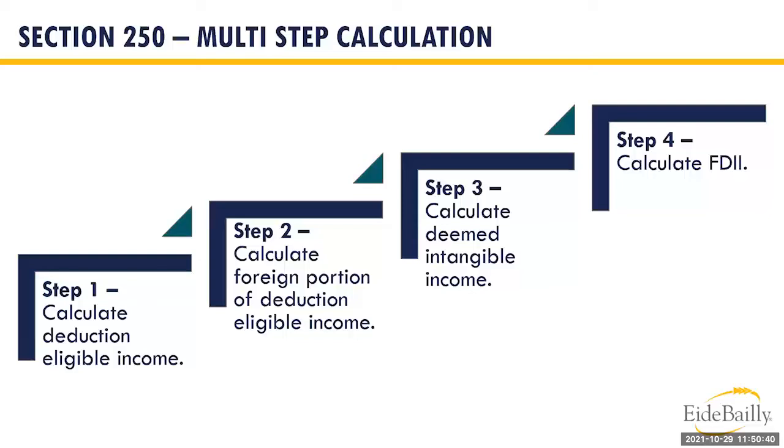You calculate the deemed intangible income by taking 10% of what is called your qualified business asset investment, which for practical purposes is the average amount of your net assets held by your C corporation during the year. And step four, after all of that work, you can calculate your FDII, your foreign derived intangible income, and thereby apply your deduction percentage to see what deduction you ultimately will get.